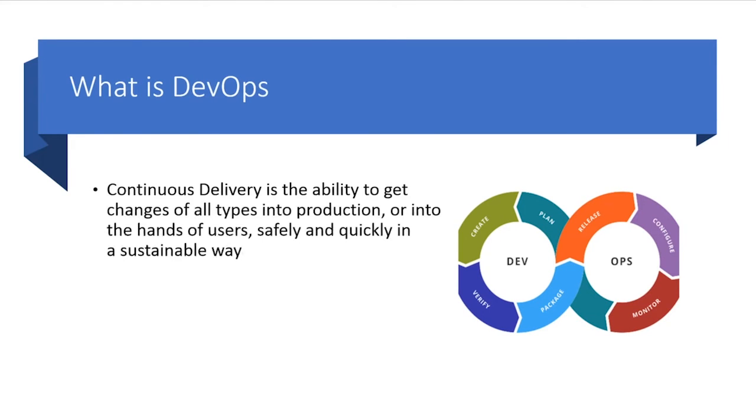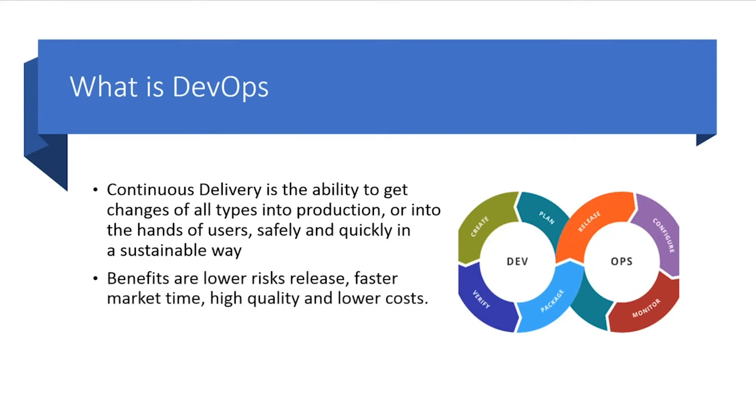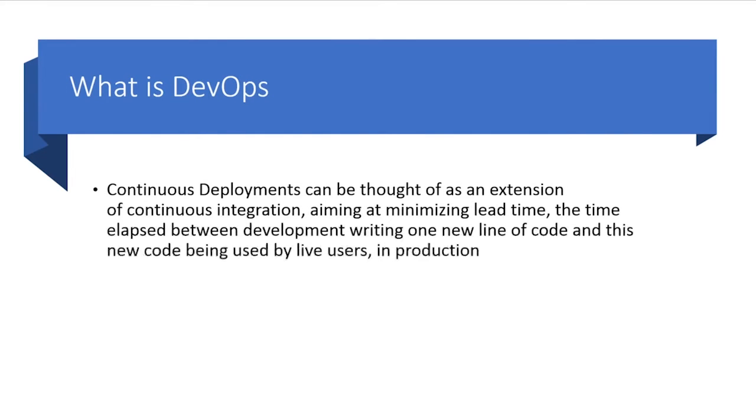Now, continuous delivery is an extension of CI, but it's really, again, taking things from when it's built and actually bringing it into effectively a release stage. And then we have continuous deployment.